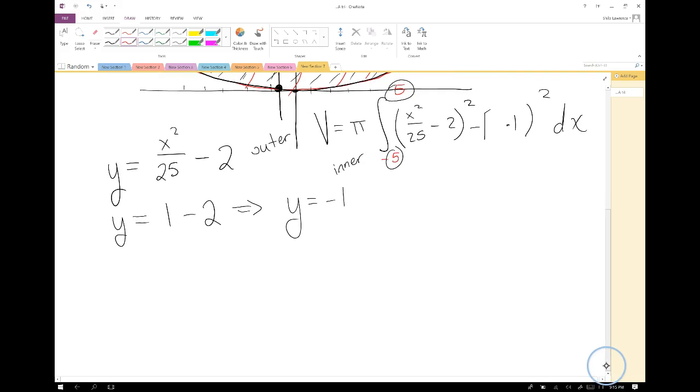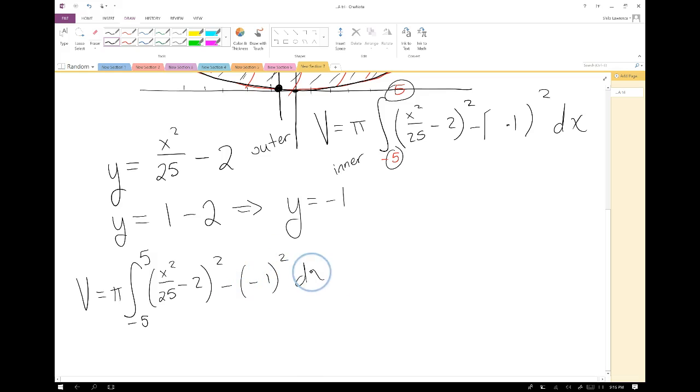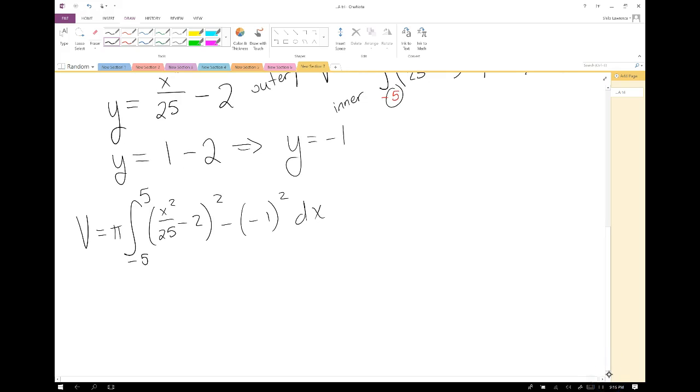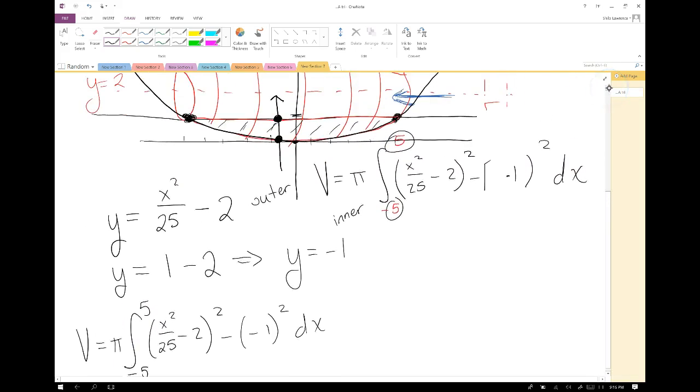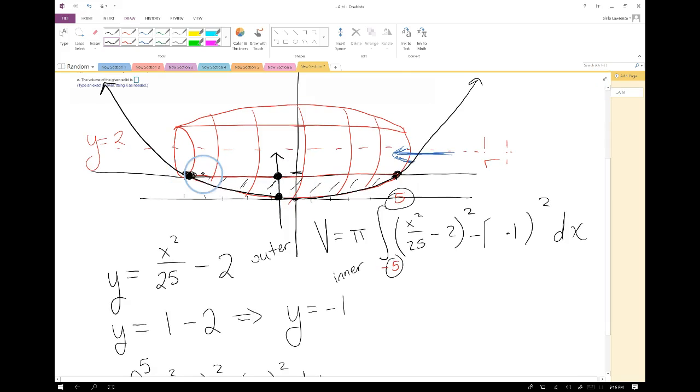So ultimately, the integral that we're trying to calculate is pi, integral from negative 5 to positive 5, of (x squared divided by 25 minus 2) squared minus (negative 1) squared with respect to x. You can get those intersection points, positive and negative 5, by just graphing these two functions and seeing where they intersect.